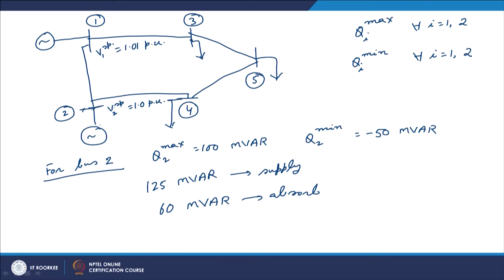Now because it would be only able to absorb 50 MVAR, this bus voltage will not be maintained at 1.0 per unit. This bus voltage would be maintained at some higher value than 1.0 per unit.